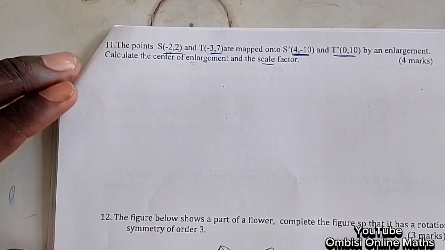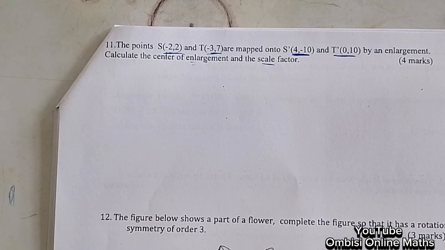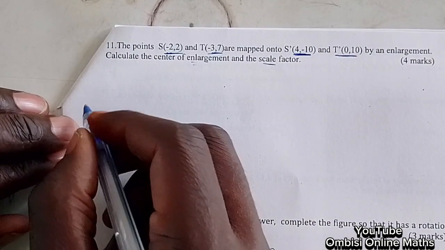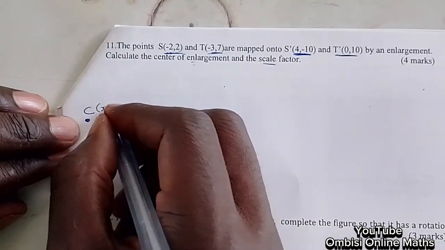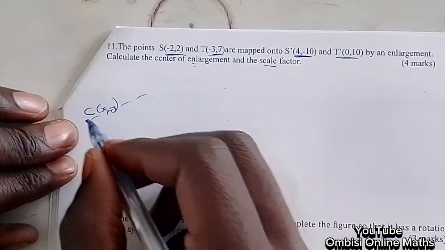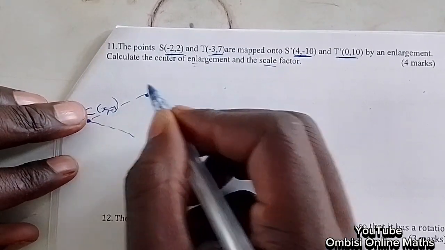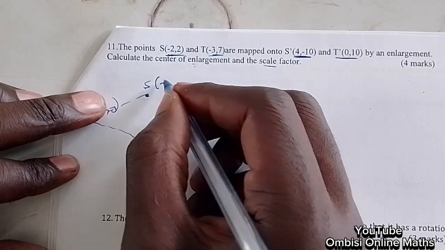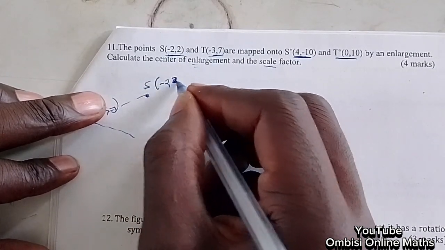Now, if they want us to find the center of enlargement, then it means there is a certain center of enlargement C(x, y). From that center of enlargement, there is a point S, which is (-2, 2).